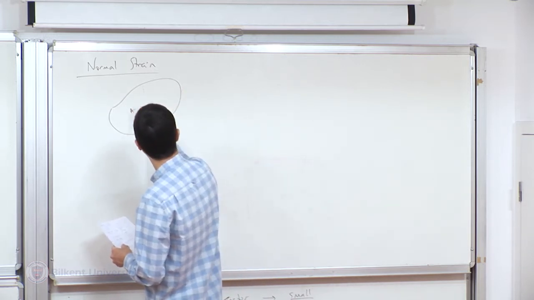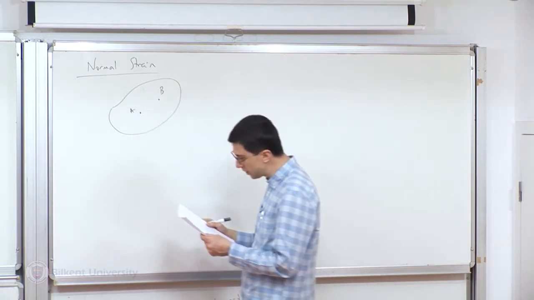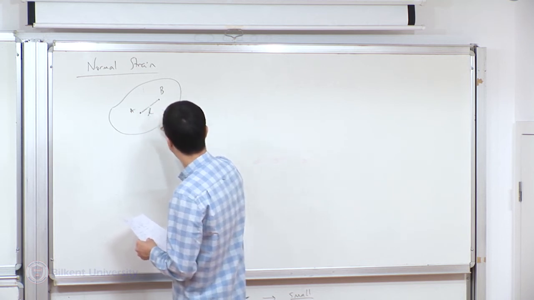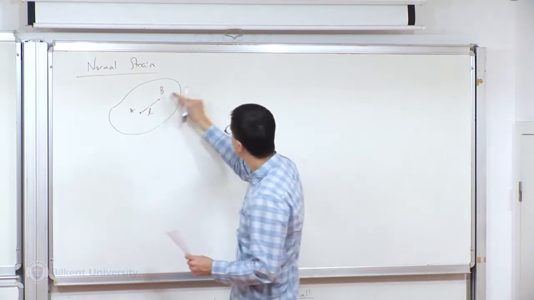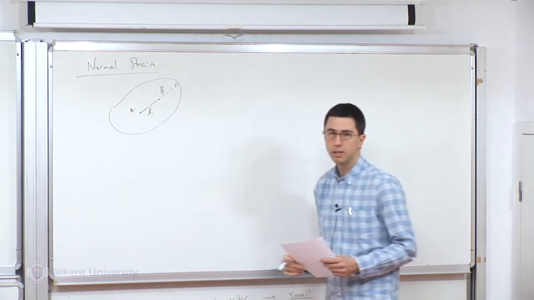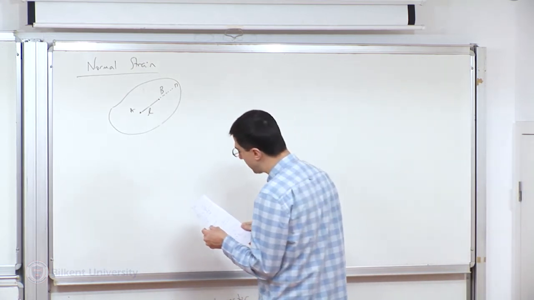On the structural domain, I picked two points A and B, not necessarily close to each other. These points are at a distance, let's say, L from each other, along a certain direction. That direction, let's call n, just indicates the direction that links A to B.